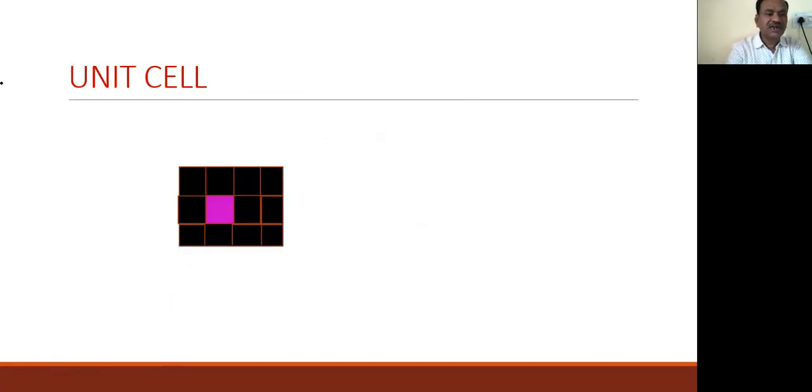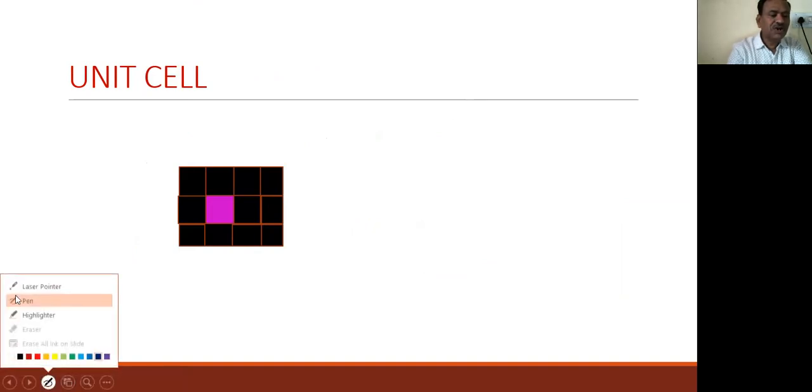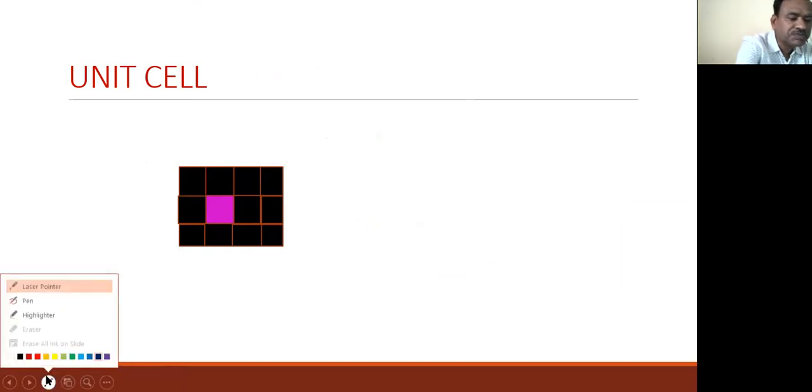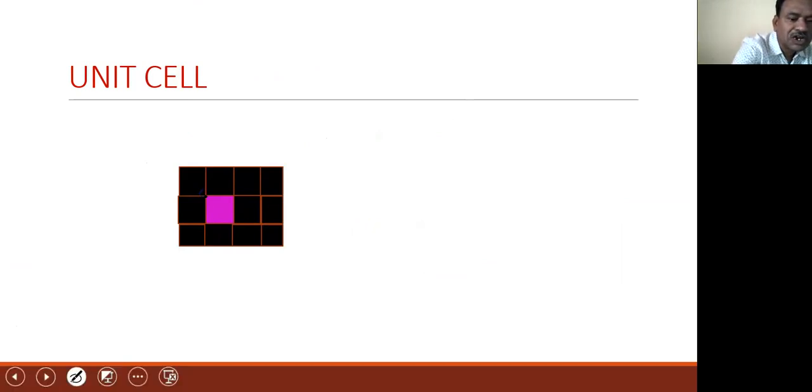Even in the two-dimensional picture, I explained that. Here I have taken the two-dimensional picture. Here there are only 4 corners: first corner, second corner, third corner, fourth corner. The atom present in this corner is shared with this unit cell, this unit cell, this unit cell, and this unit cell.